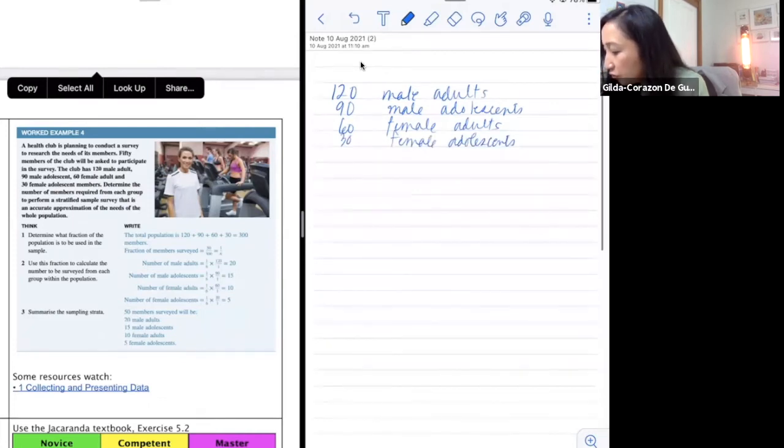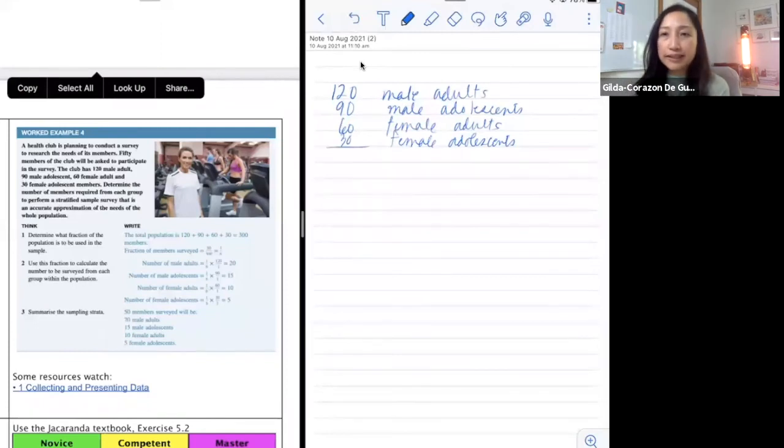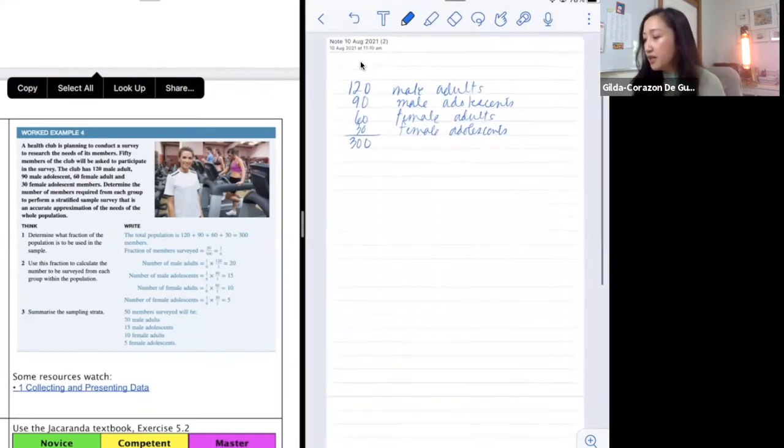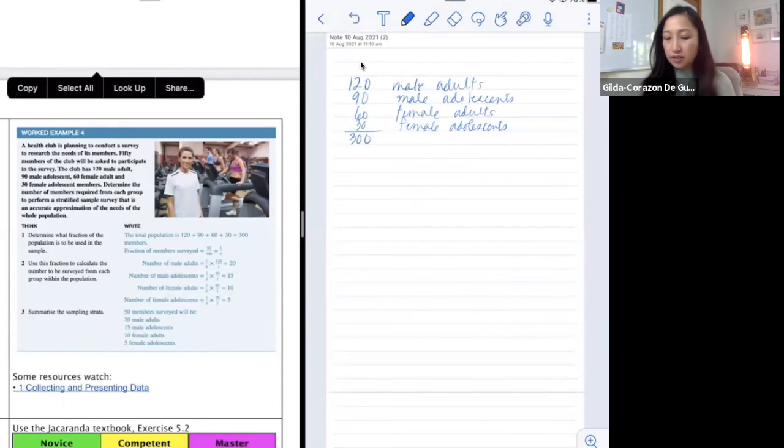Okay, so first thing you want to do would be to get the total of the population. So you've got 120 plus 90 plus 60 plus 30, that's 150, 210, that's 300. And you want to figure out the percentage of each. Okay, so with male adults, you can grab your calculator. You could go 120 divided by 300.